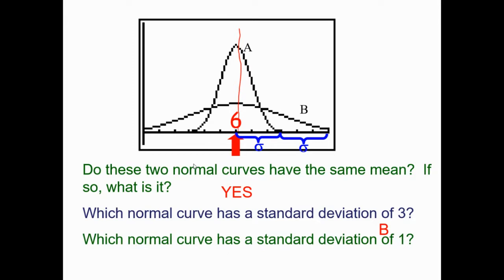The other curve has a standard deviation of 1. It asked you, but we already said B for 3. That means A has a standard deviation of 1. See how close A is together compared to B? That's why B is 3, A is 1.